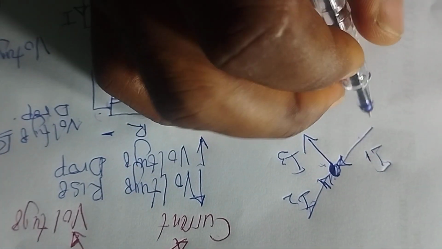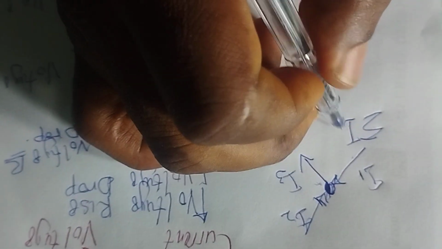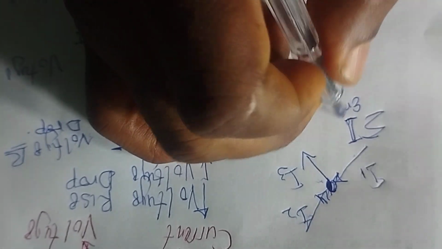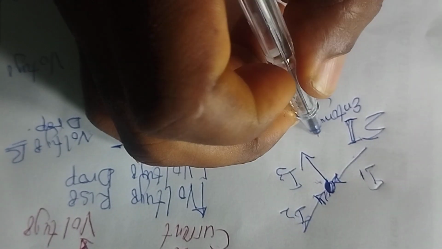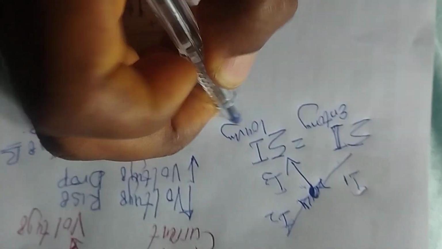Now the current law says that the summation of currents entering a junction in a closed electric circuit, that is the total electric current entering a junction, must be equal to the summation of electric currents leaving that junction.